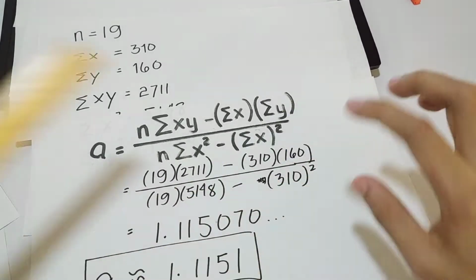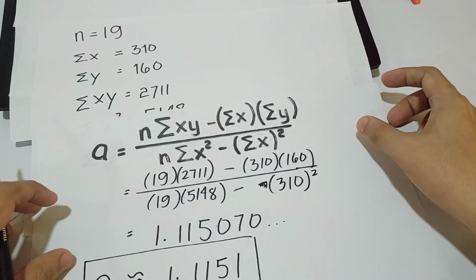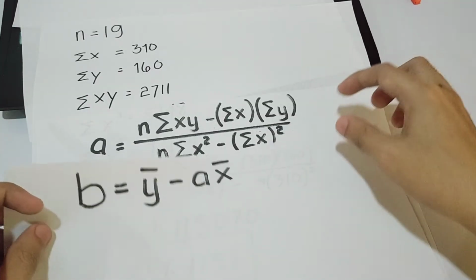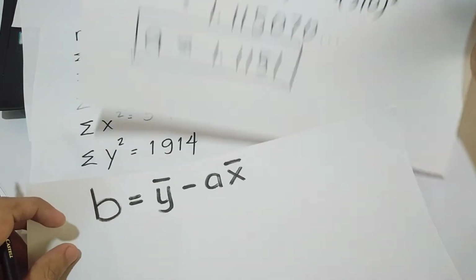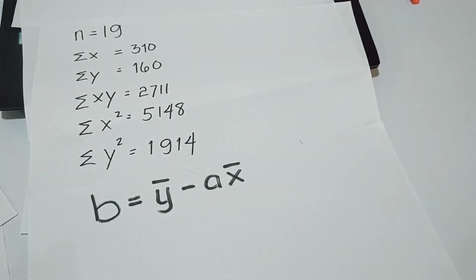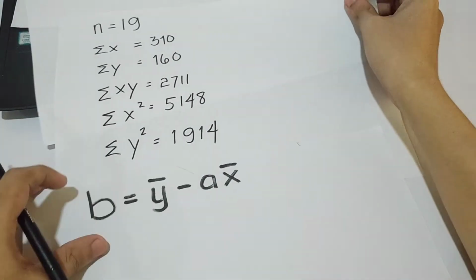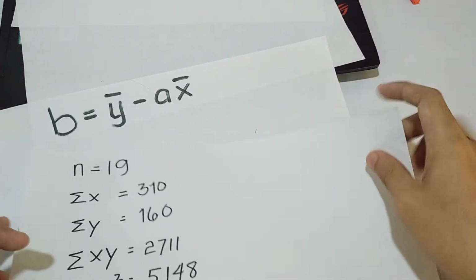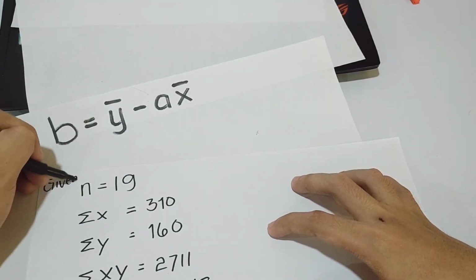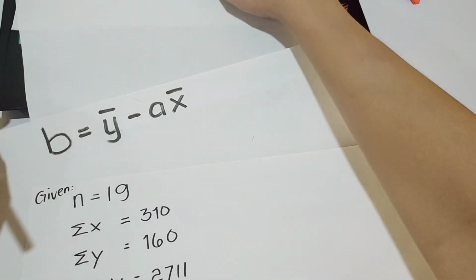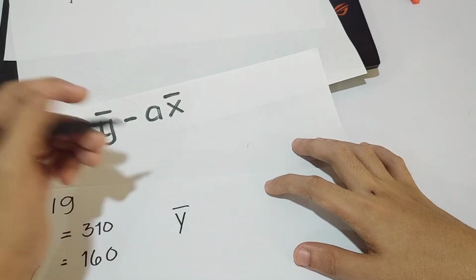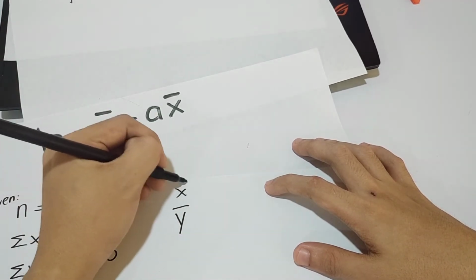So the next thing we need to do is we will solve for the coefficient b. Oh, I forgot to write down in the given that we also need to put the average of x and y.